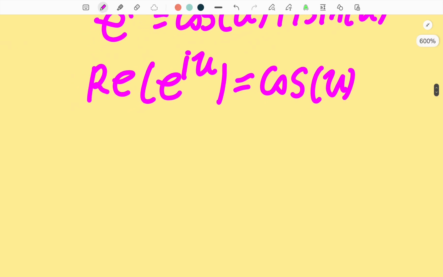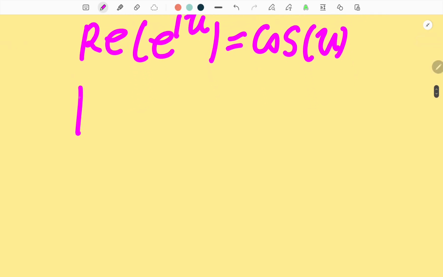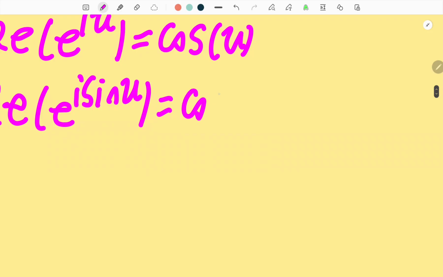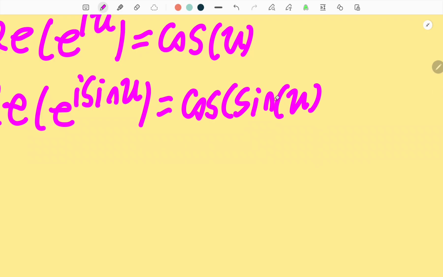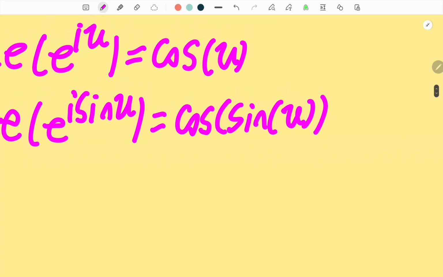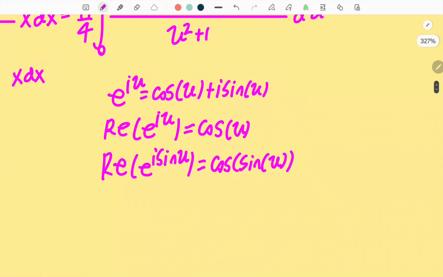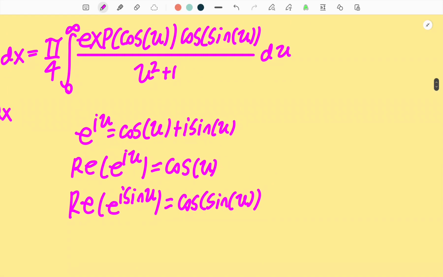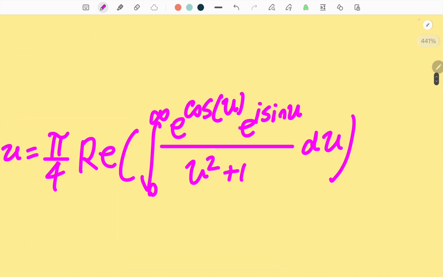So that means the real part of e to the i sine of u is equal to cosine of sine of u. There we go. So let's go ahead and replace the cosine of sine of u with the real part of e to the i sine of u. So let me do that real quick.